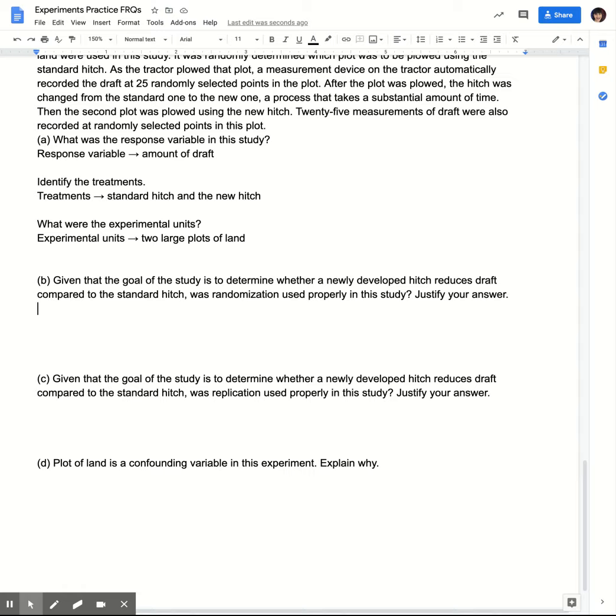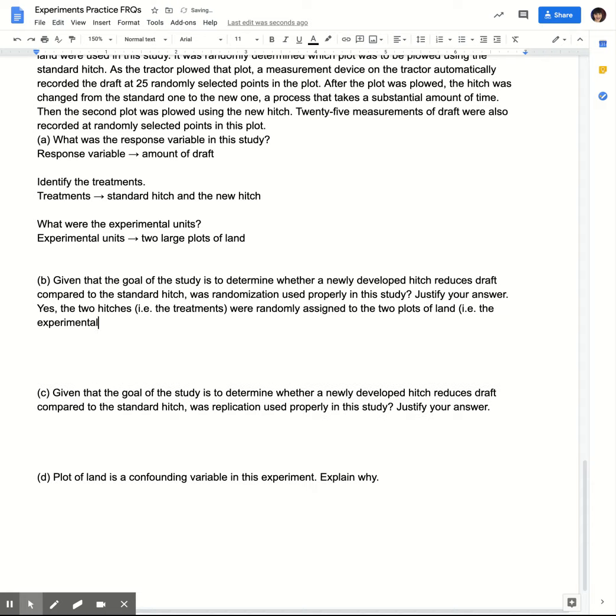Okay, so you would just say, yes, the 2 hitches, which were the treatments, i.e., the treatments, okay, were randomly assigned to the 2 plots of land, i.e., the experimental units.